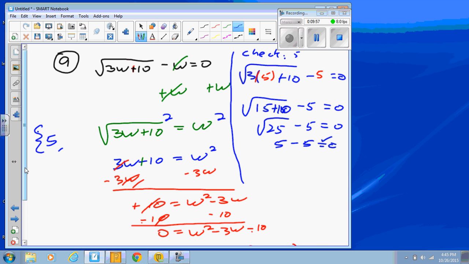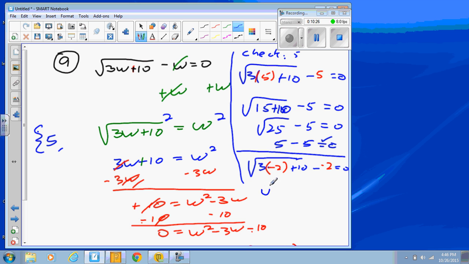I'm going to check the other solution, which would have been -2. That's going to be the square root of 3 times -2 plus 10 minus -2 equals 0.